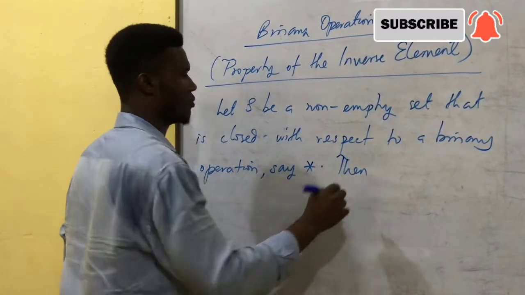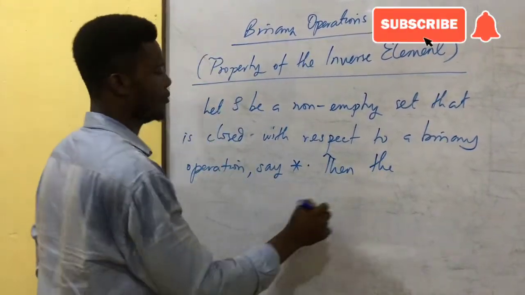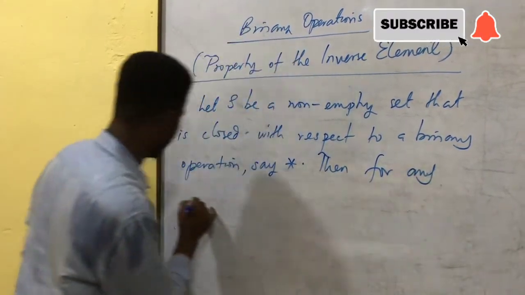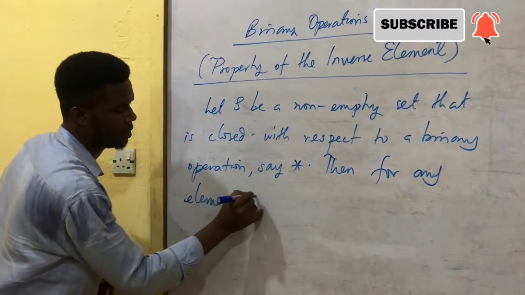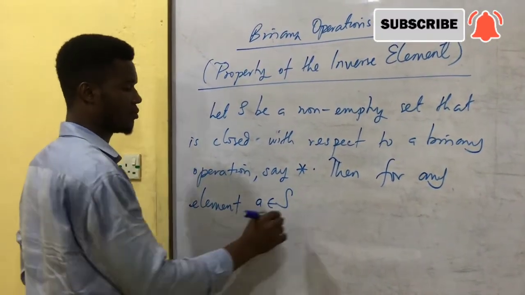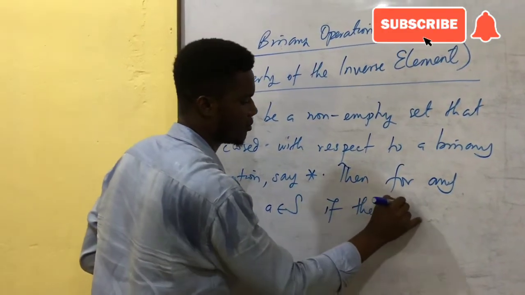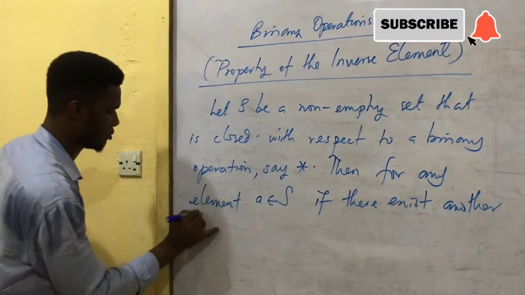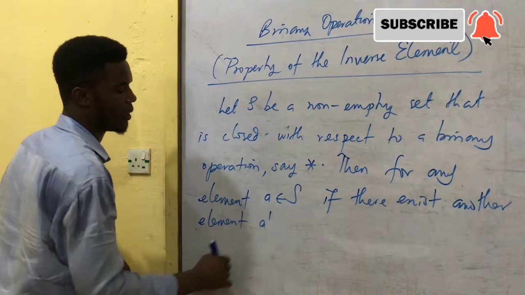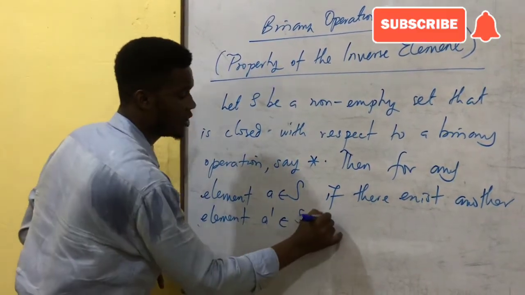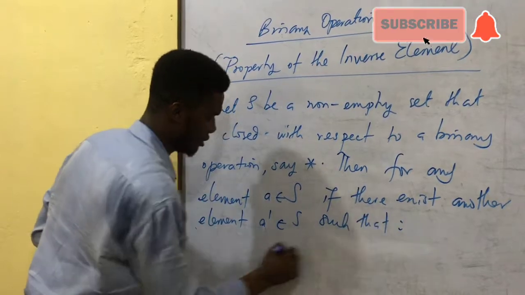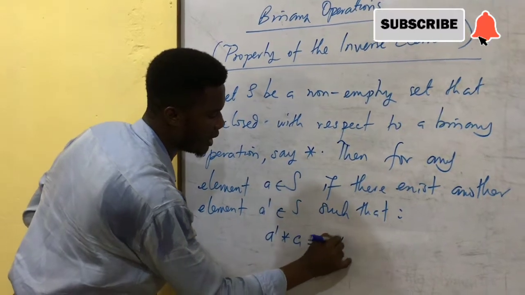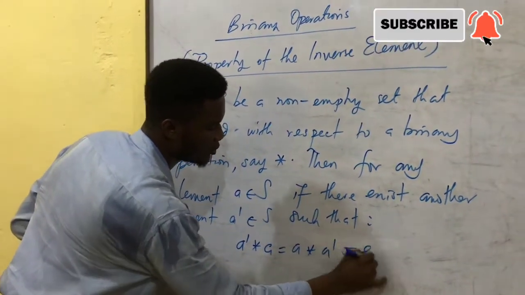Then for any element A that is a member of S, if there exists another element, A prime that is also a member of S, such that this condition I'm going to write holds, that is A prime asterisk A is equal to A asterisk A prime and is equal to E.